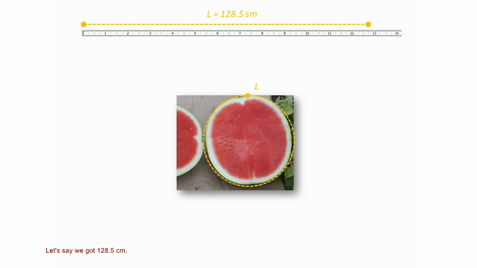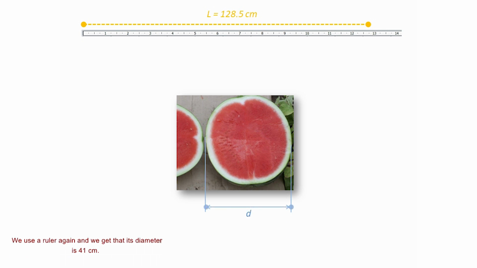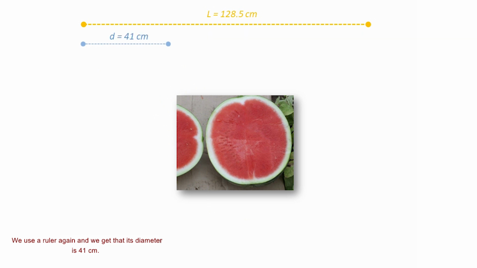Let's say we got 128.5 centimeters. Now we need to measure the watermelon's diameter. We use a ruler again and we get that its diameter is 41 centimeters. Now we divide the first number by the second one and we get about 3.13.